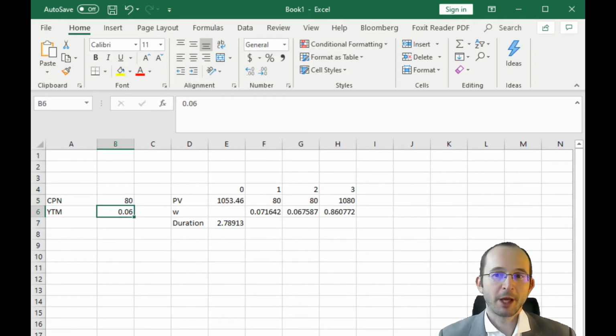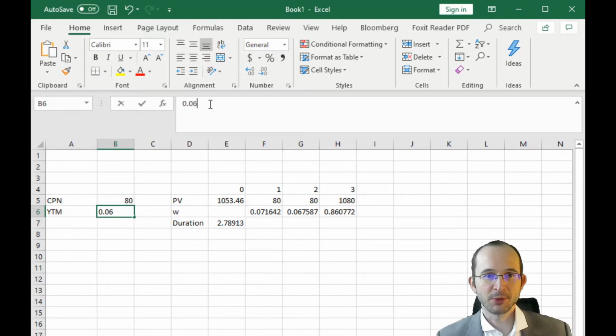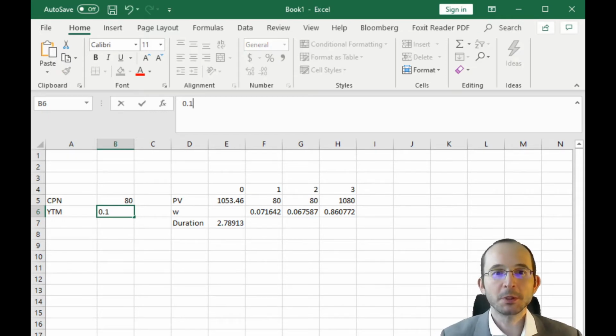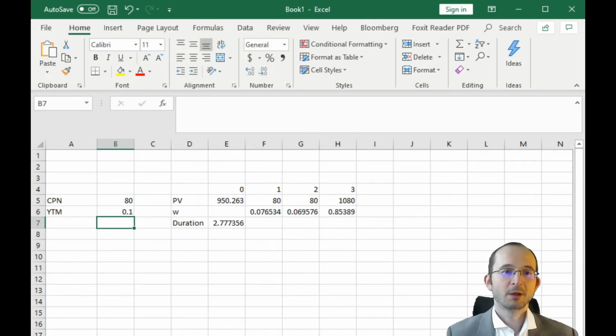Let's ask another question. What happens to duration if the yield to maturity increases? Let's take this 6% yield and let's bump it to 10%. Now currently our duration is 2.78. And with a higher yield, it falls to 2.77.